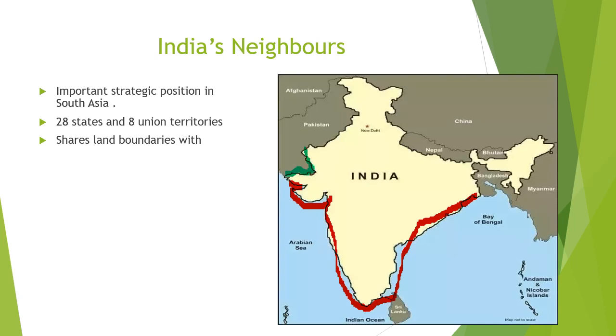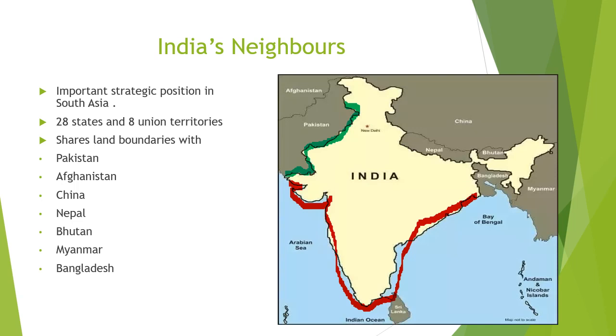The first country with whom India shares land boundary is Pakistan. After moving from Pakistan, when we reach the top, that is in Jammu and Kashmir, you can see this small stretch on the top. This small stretch is basically sharing the land boundary with Afghanistan.